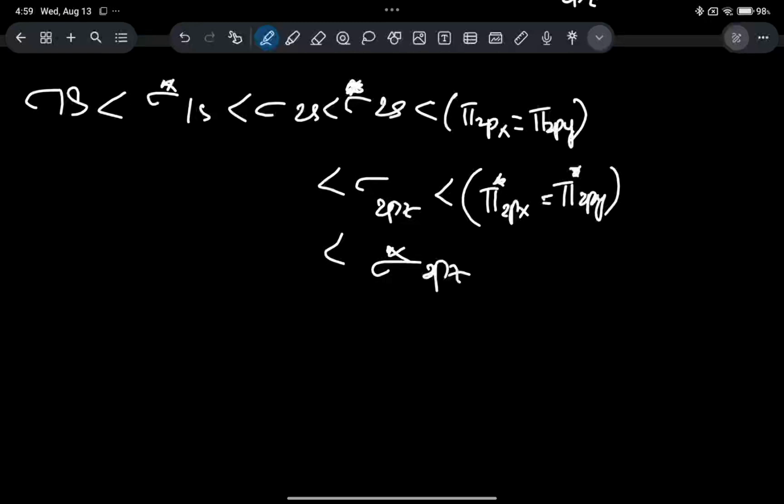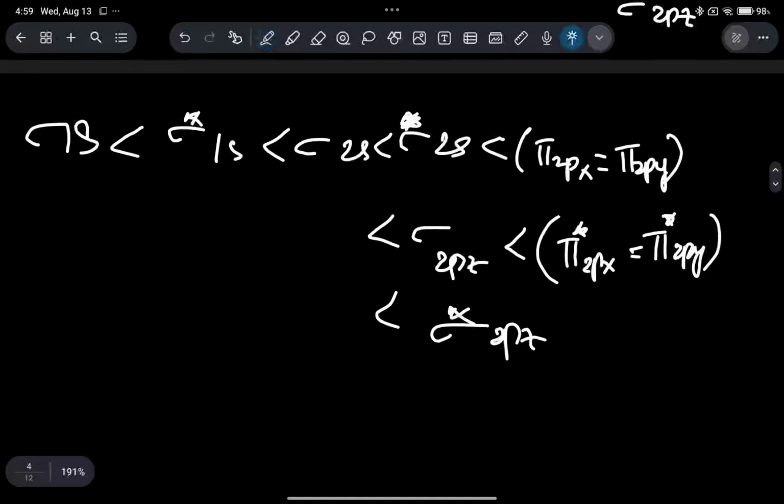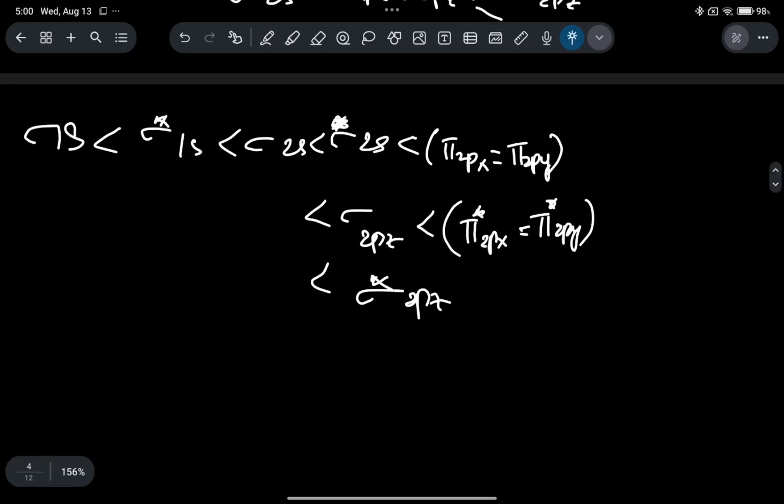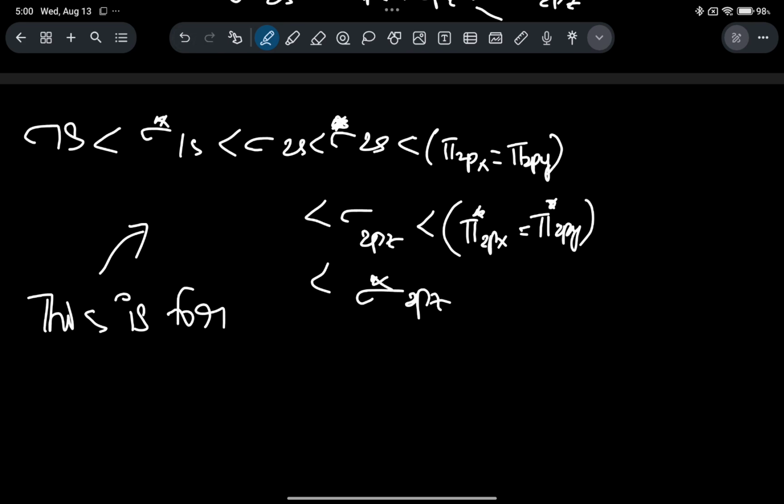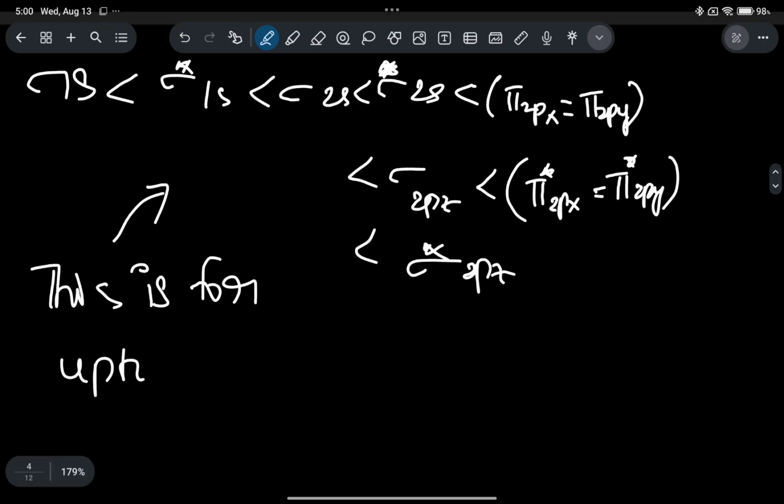Before 14 electrons is the continuation of what I have written before: sigma 1s, sigma star 1s, sigma 2s, sigma star 2s, pi 2px is equal to pi 2py, and sigma 2pz greater than pi star 2px is equal to pi star 2py. This is for up to 14 electrons only.